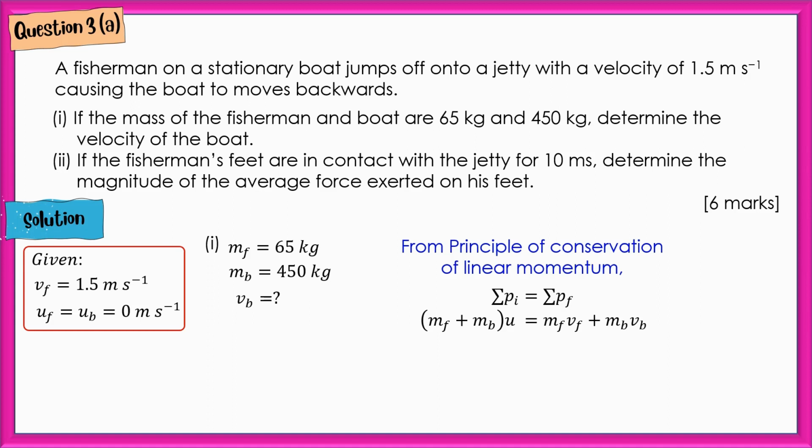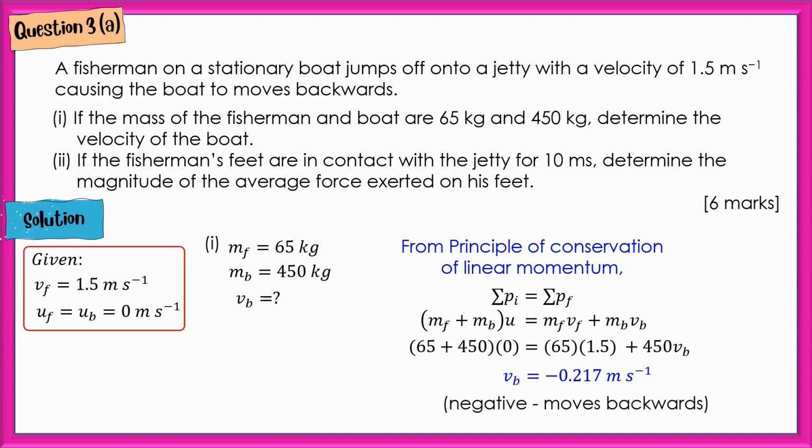Initial momentum is (mf plus mb) times u, equal to mfvf plus mbvb. Substitute correctly, referring to the information given in the question, and you will calculate vB, which is equal to negative 0.217 meter per second. vB is the velocity of the boat. The negative sign shows that the boat moved backward.